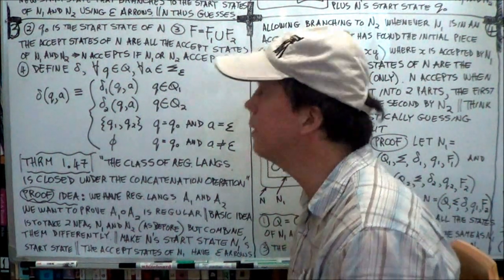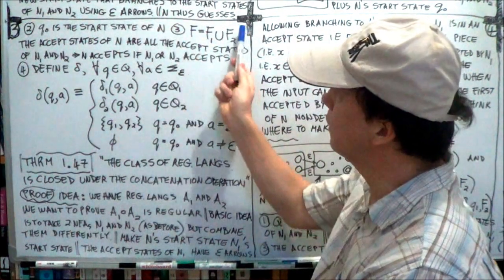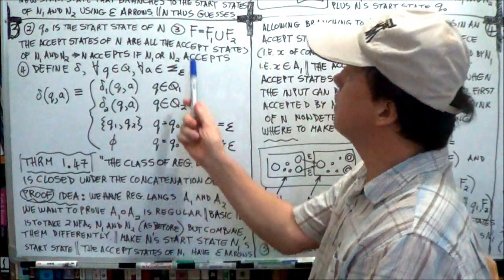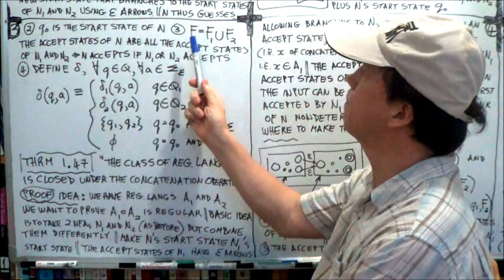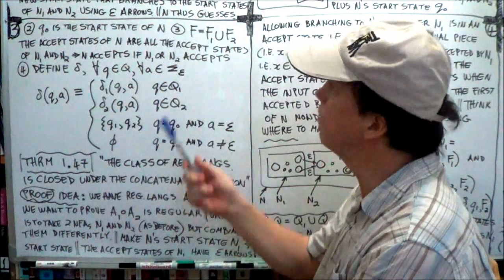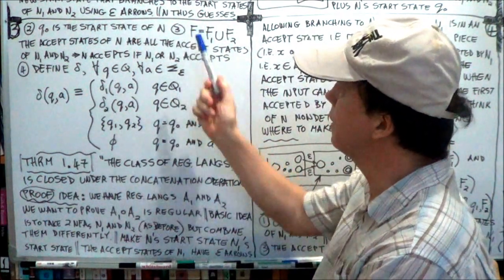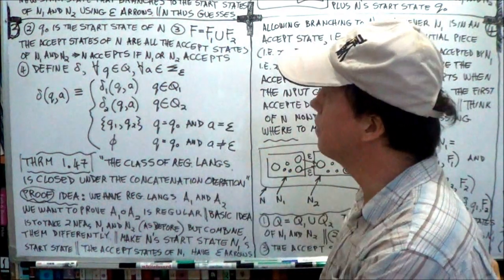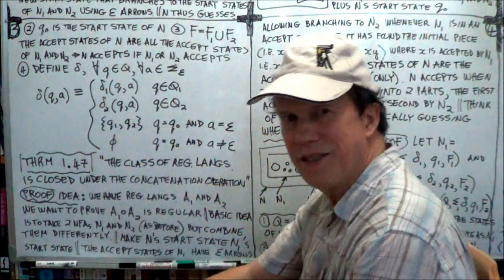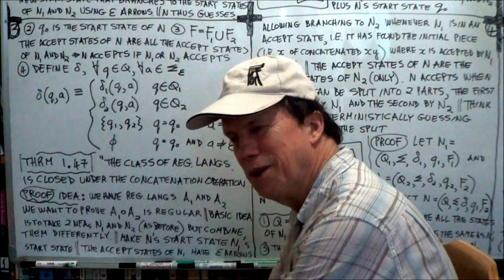That's how we set it up. So that seems fairly obvious. The set of accept states of your big machine N, in other words F, will just be the union of these two.